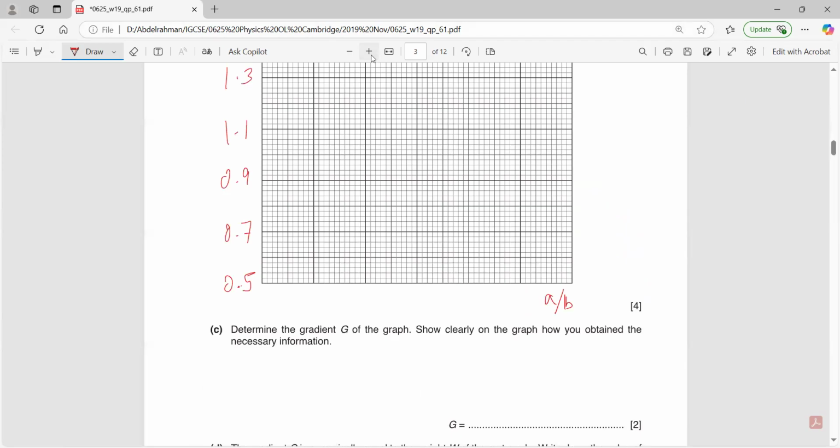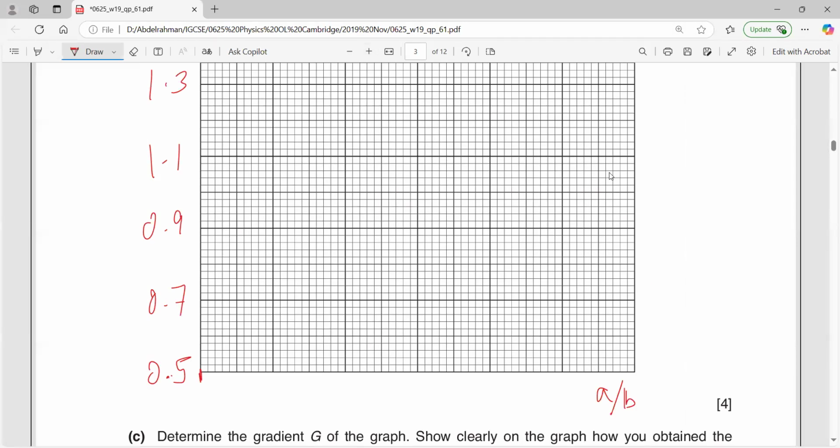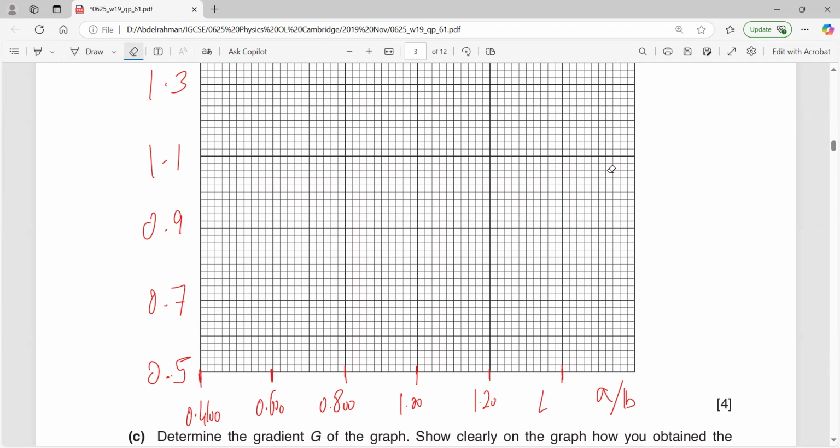If I start off at 0.400 and increment with 0.2, the next number would be 0.600, and then 0.800, 1.00, 1.2. So 0.4, 0.6, 0.8, 1.0, 1.2, and 1.4. Would that be correct? Yes, that would be excellent.